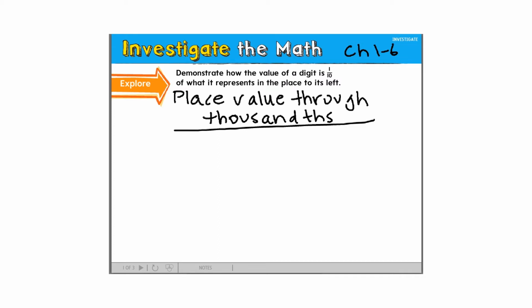There's the title of the lesson. I didn't have you write it when we first started, so I want to make sure you got the title. Chapter 1, lesson 6, place value through thousandths.